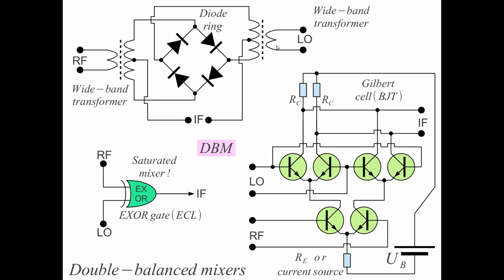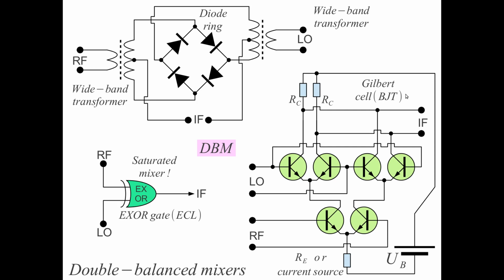We could do similar things without using transformers, because transformers are difficult to integrate in an integrated circuit. And this is a Gilbert cell mixer. A Gilbert cell mixer made out of 6 transistors, maybe bipolars, maybe FETs, cancels out with the symmetrical construction both the radio frequency signal and the local oscillator signal, but the product of the 2 signals is available here.